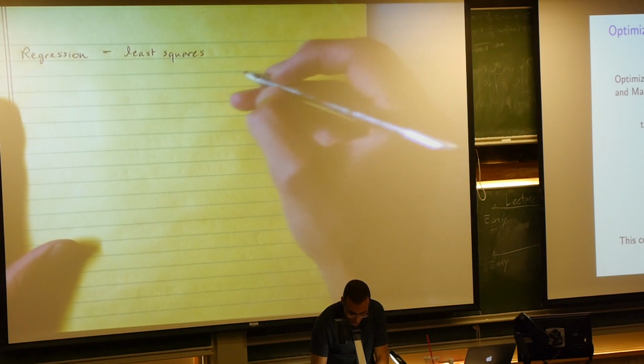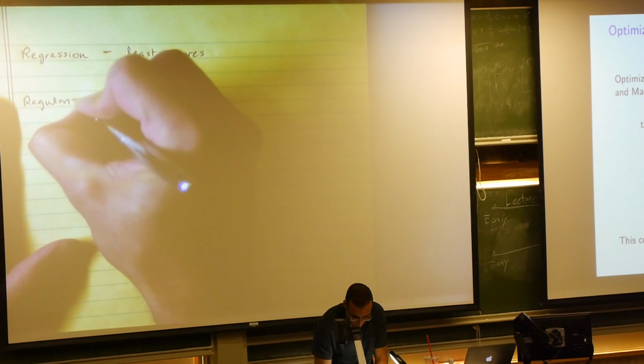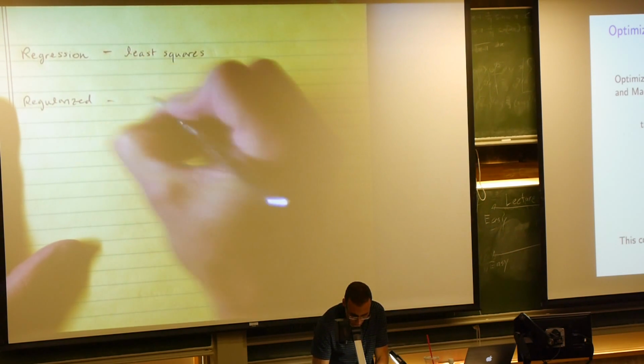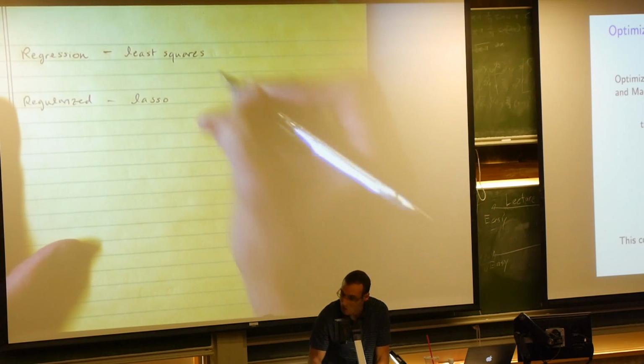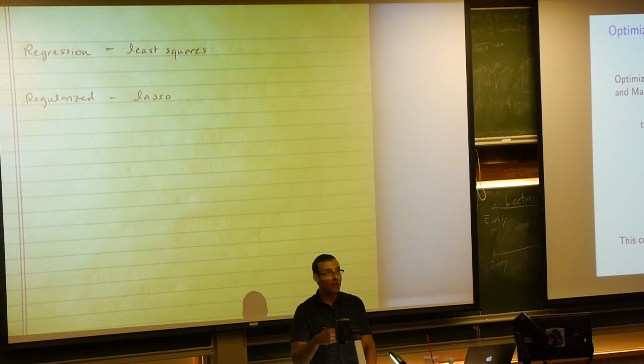Sure. So this is now getting to regularized regression or penalized regression. There's the lasso, which is usually formulated as minimizing the least squares loss subject to a constraint on the L1 norm of the coefficient vector.